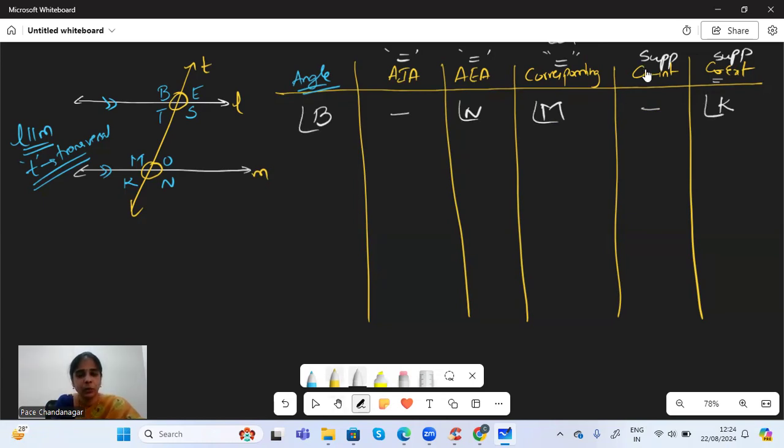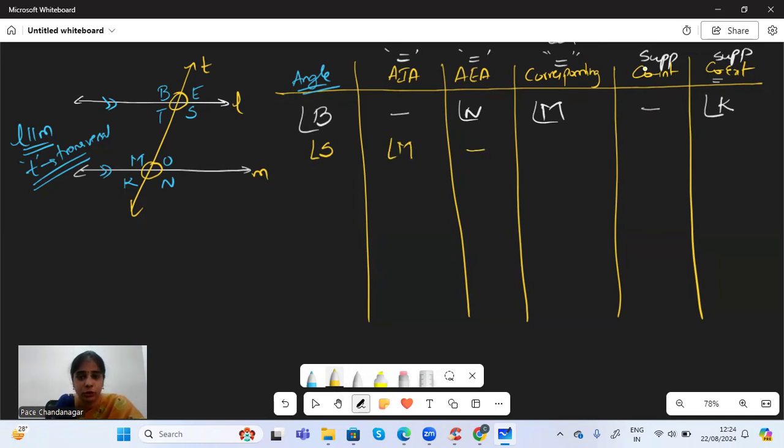Right. Now, tell me what about angle S? Now I'm talking about angle S. S being an interior angle, it will have an alternate interior angle. S is on the right side from the first set. M will be on the left side from the second set. Clear? So angle S and angle M are alternate interior angles.